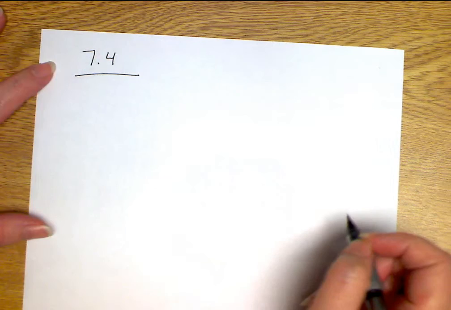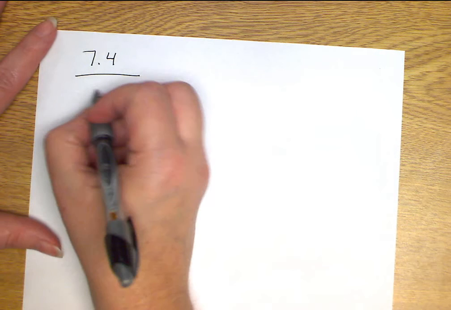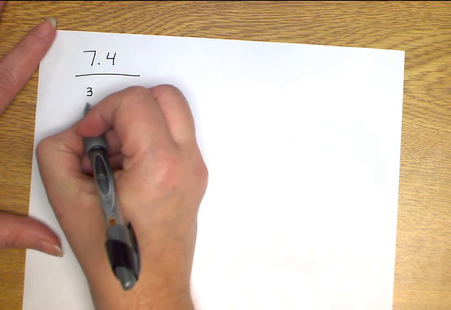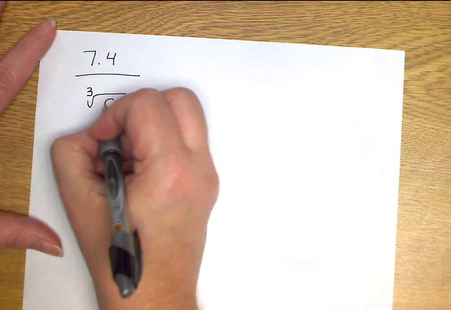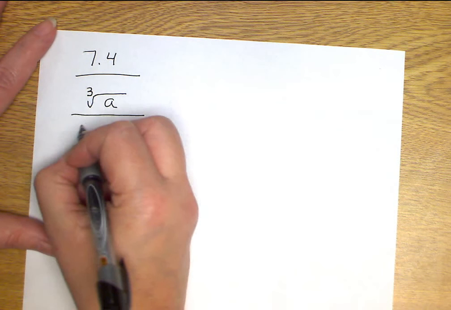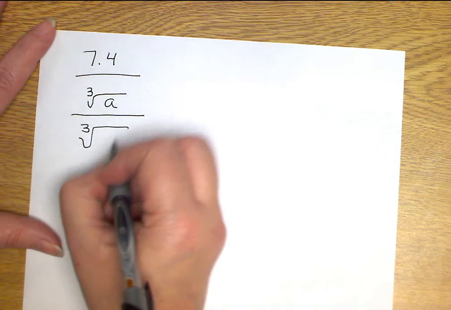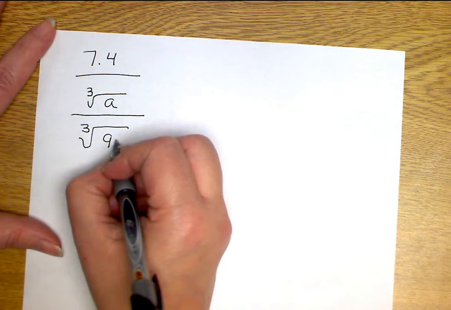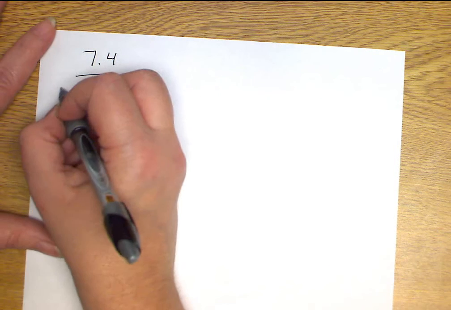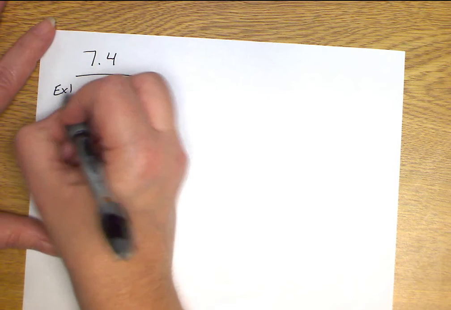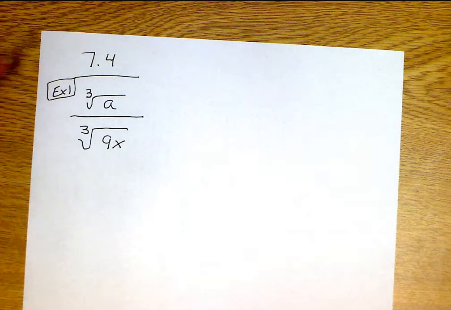This is where we're rationalizing the denominators, or simplifying if you want to look at it. So we have example 1, and I forgot to write example 1. Example 1 says the cube root of a over the cube root of 9x.